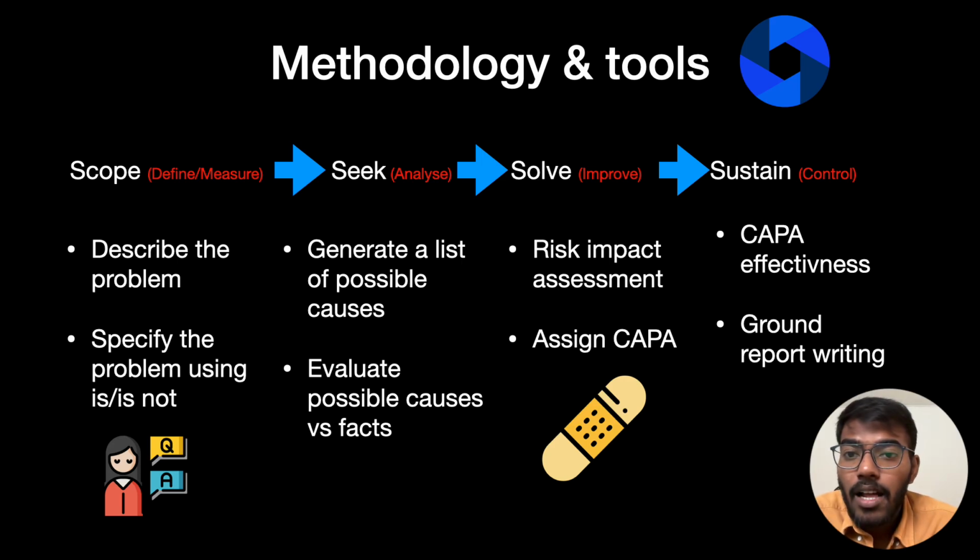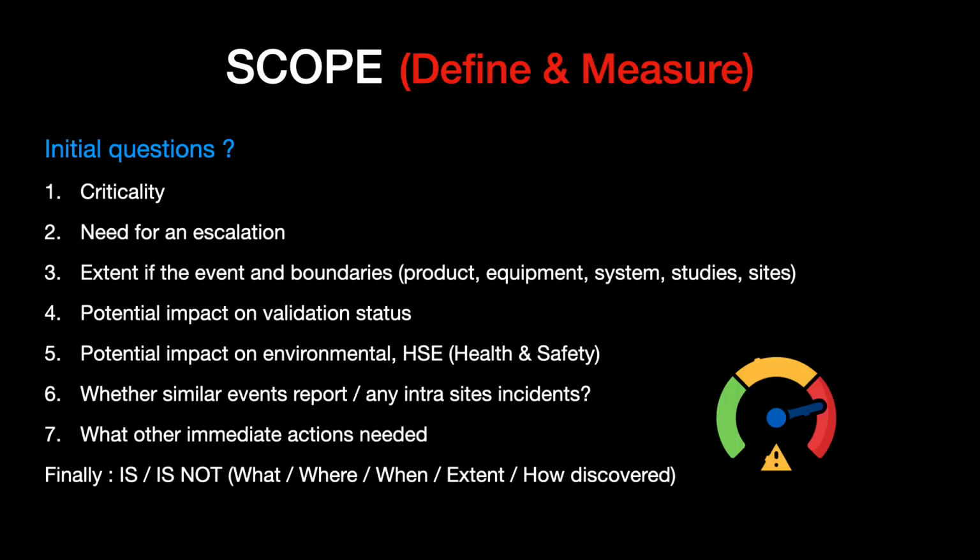Next is the scope, where the define and measure phase is more about raising a good problem statement. In the initial questions we ask, what is the criticality of the issue? Do we need escalation?